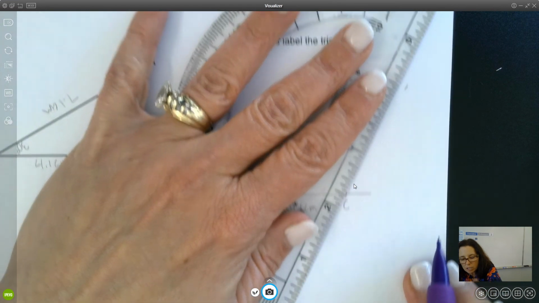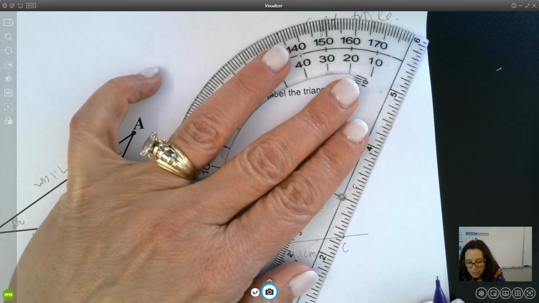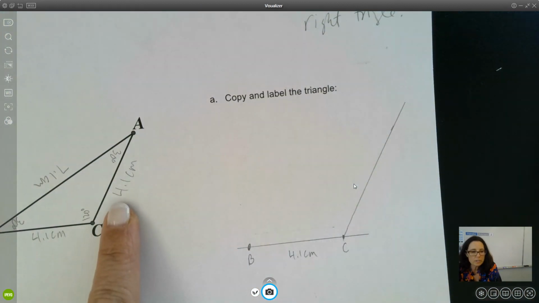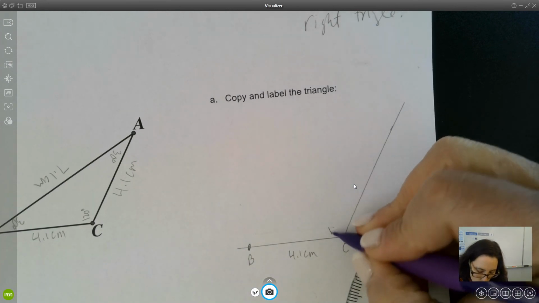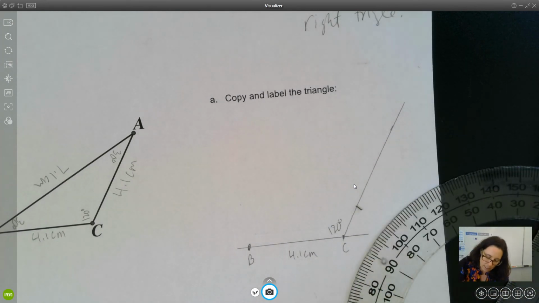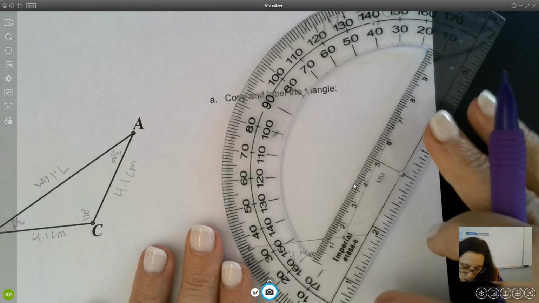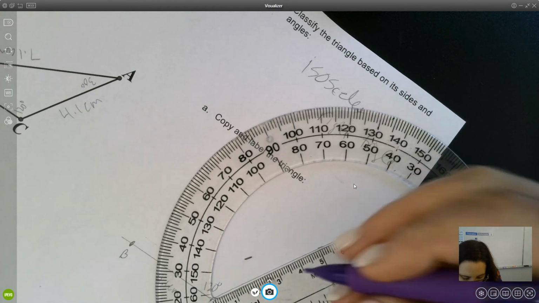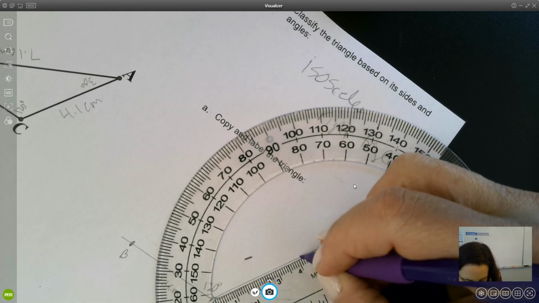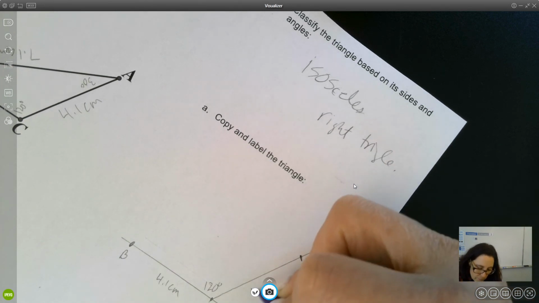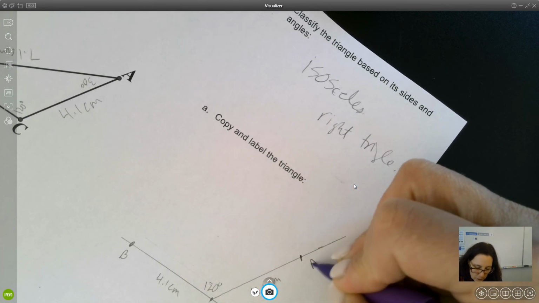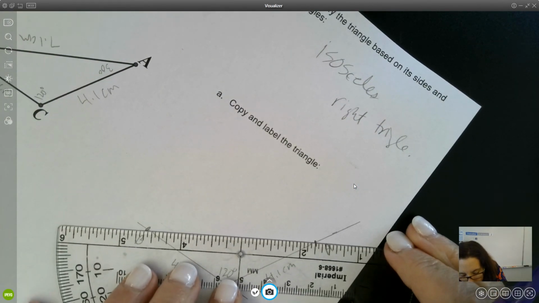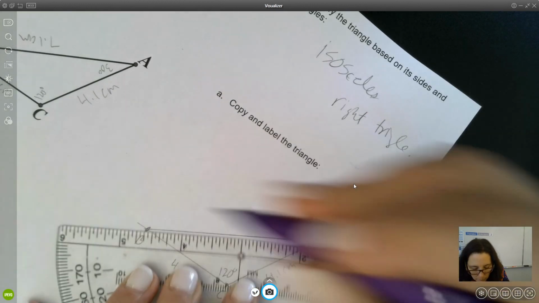Okay, I'm just making a long line. I'm not measuring the 4.1 yet. So now I'm going to go in and do the 4.1. Okay, this was 120. Oh, I just broke my pencil again, I think. Okay, so this is going to be 4.1 right to here. And this is going to be labeled A. And then I'm just going to connect these last two to form that side.